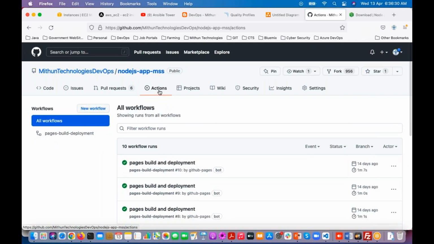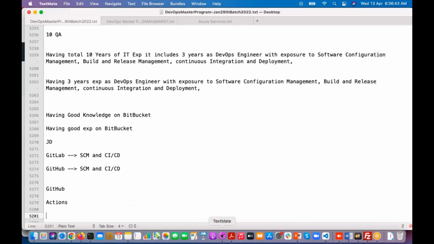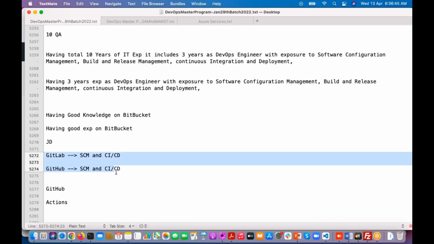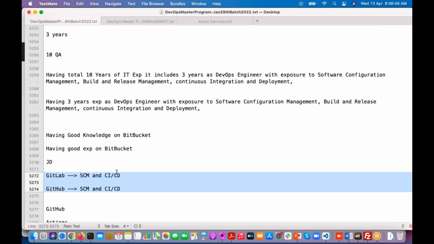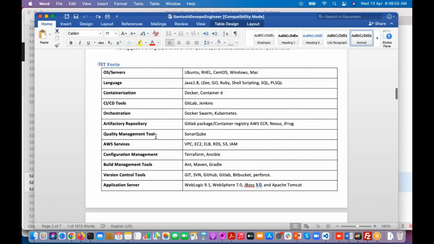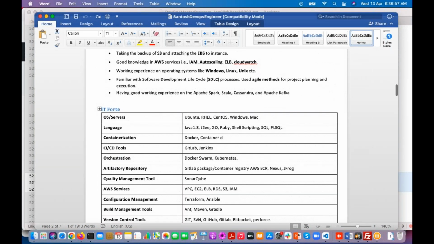I think they released this feature one year back. Earlier it was not there. Clear. So that's why we can use GitHub and GitLab as CI/CD also. So like this, guys, you can keep all your technical points and tools in this format.